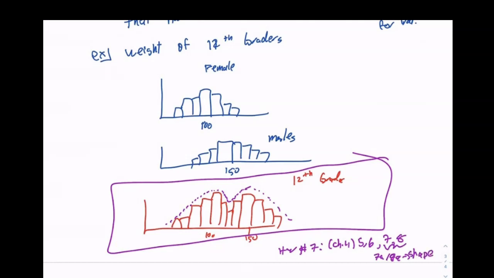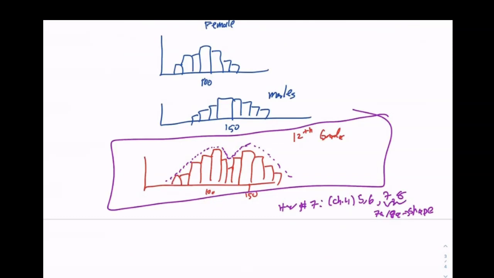The question says describe the distribution, but I just want you to describe shape. Then questions 7B and 8B say, why do you think the shape looks that way? I want you to explain why the shape looks the way it does. But in 7A and 8A, I just want you to do context and shape.